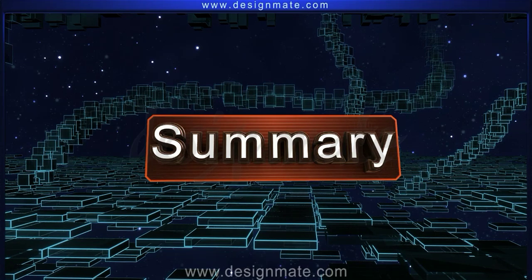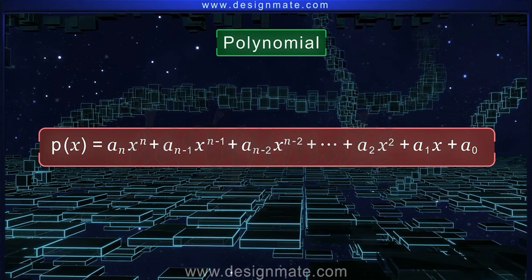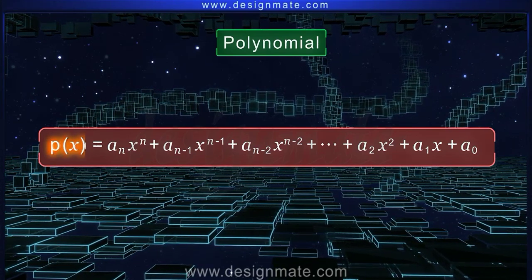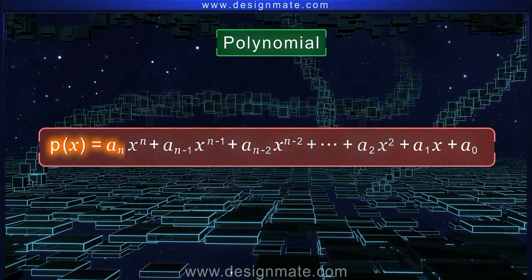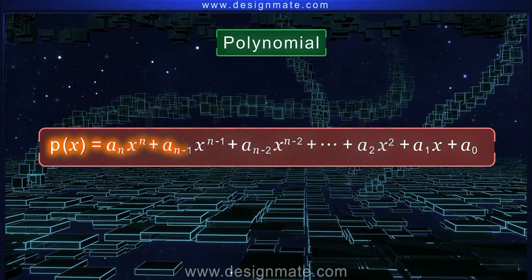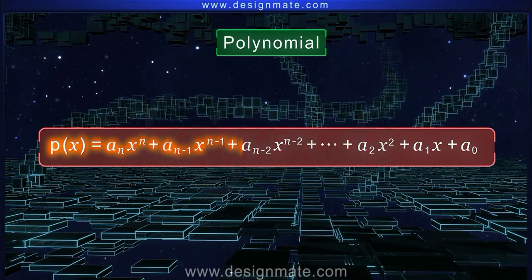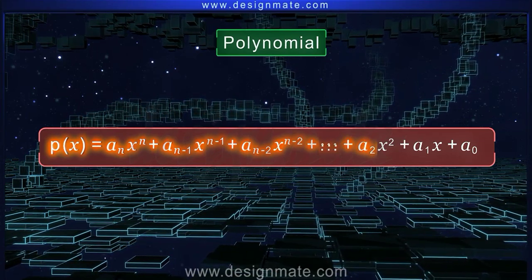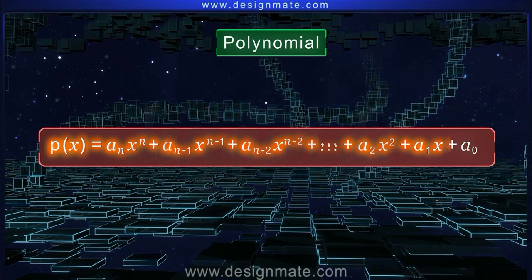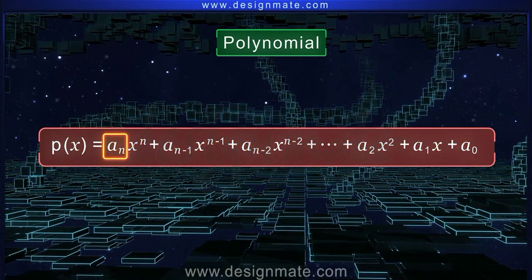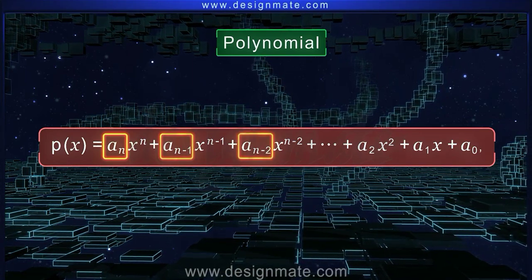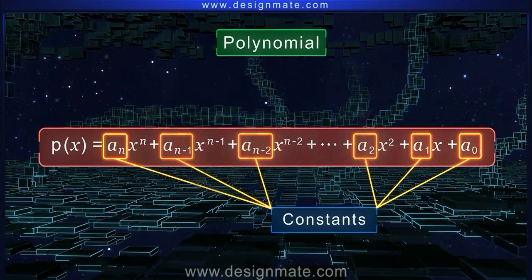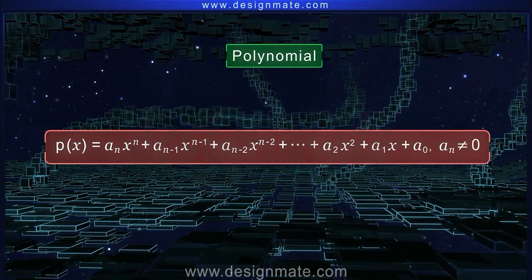Summary. A polynomial p(x) in one variable x is an algebraic expression in x of the form p(x) = a_n x^n + a_(n-1) x^(n-1) + a_(n-2) x^(n-2) + and so on, plus a_2 x² + a_1 x + a_0, where a_(n-1), a_(n-2) and so on, a_2, a_1, a_0 are constants and a_n is not equal to 0.